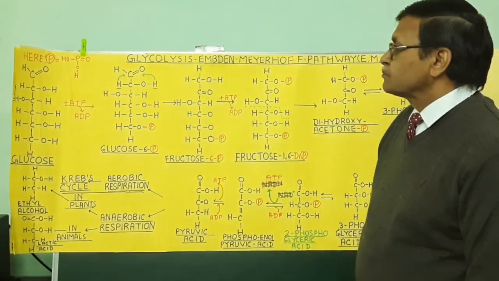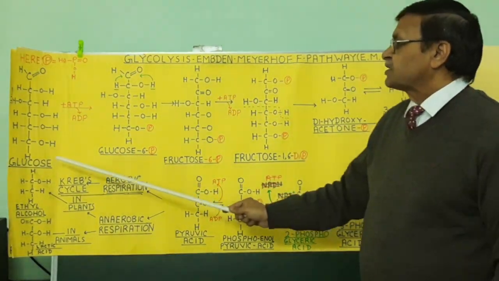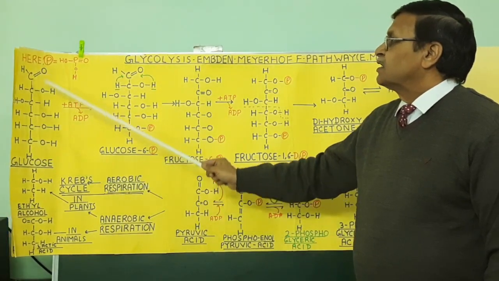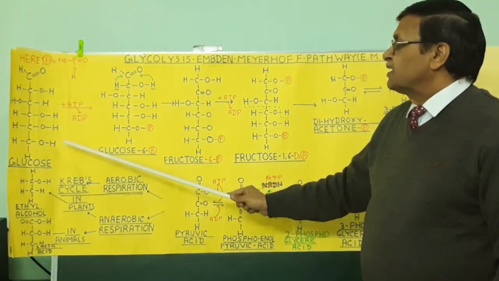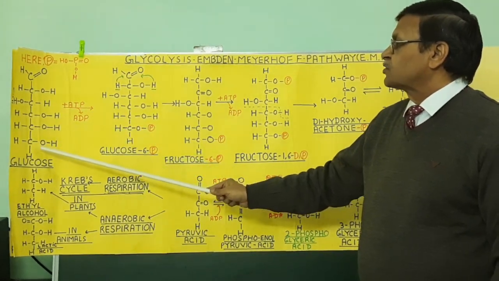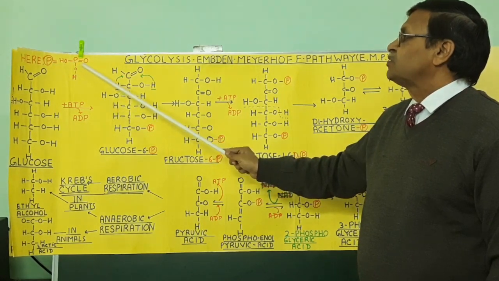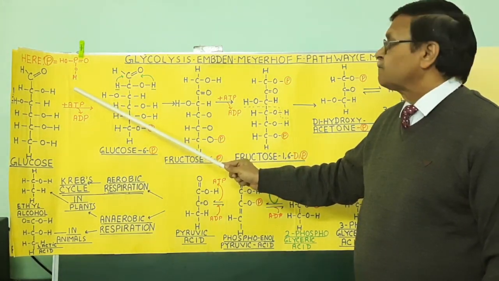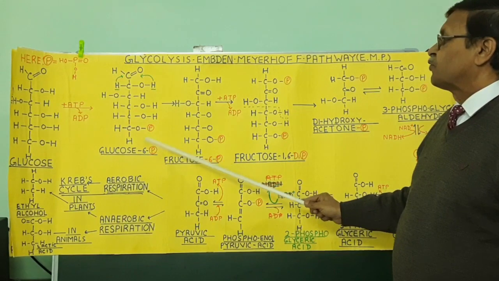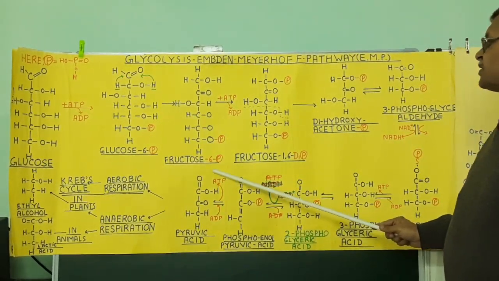So you start with, in glycolysis, glucose, a 6 carbon molecule. At carbon 6, 1 ATP gives a phosphate, it binds with it. Here P is actually H2PO3, the phosphate anion. Glucose 6-phosphate is formed.